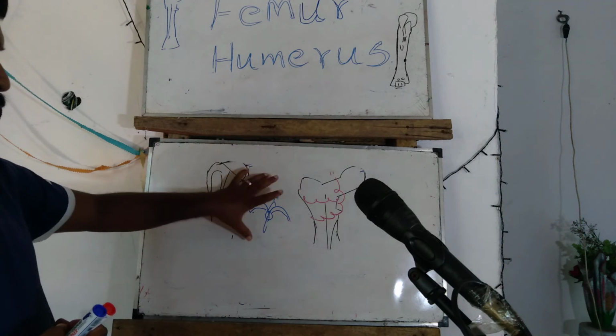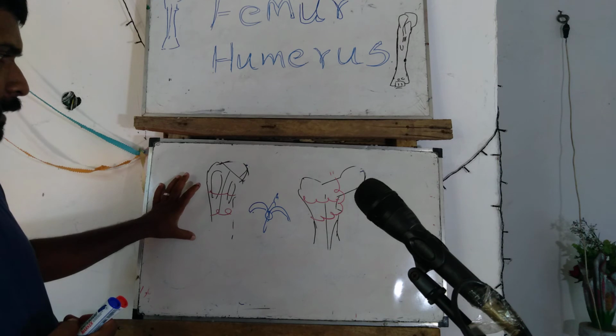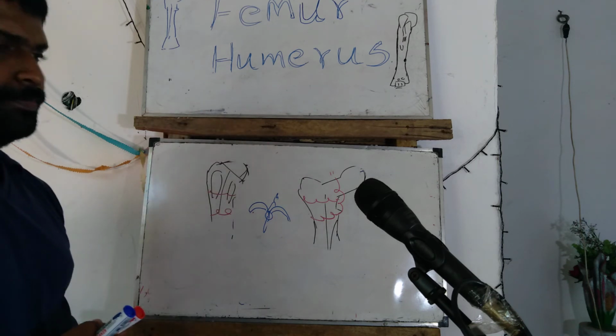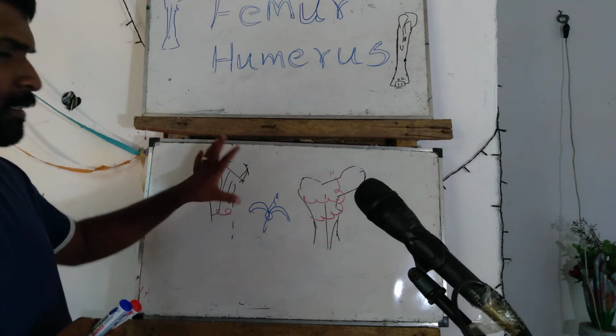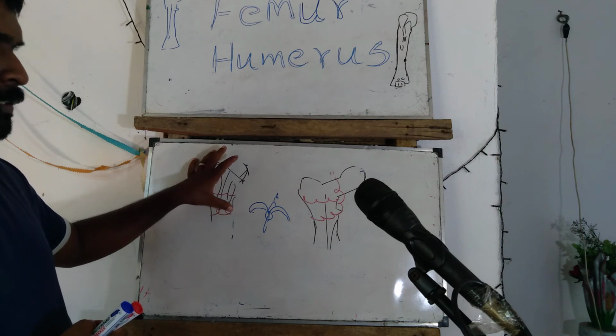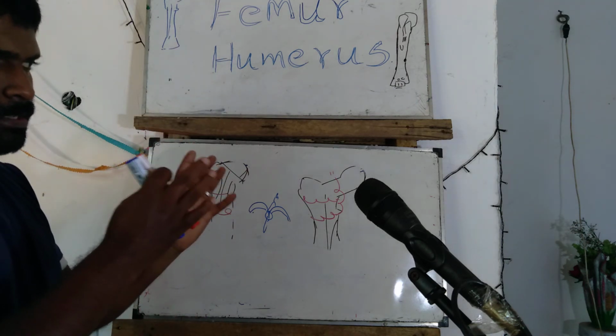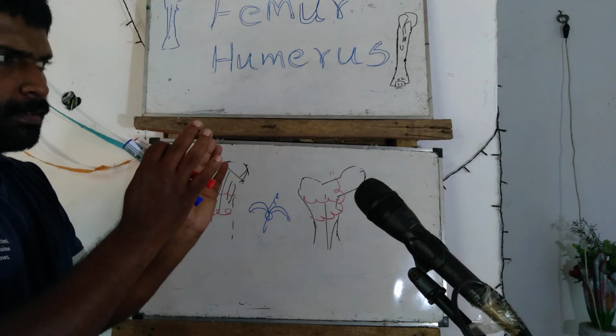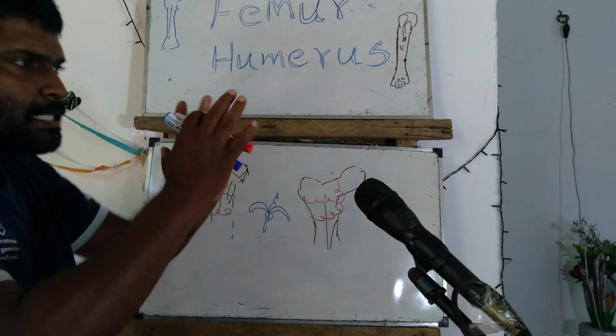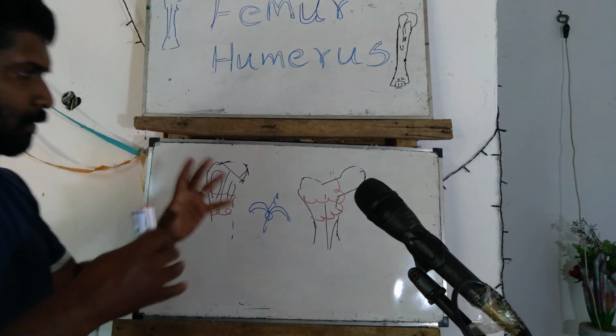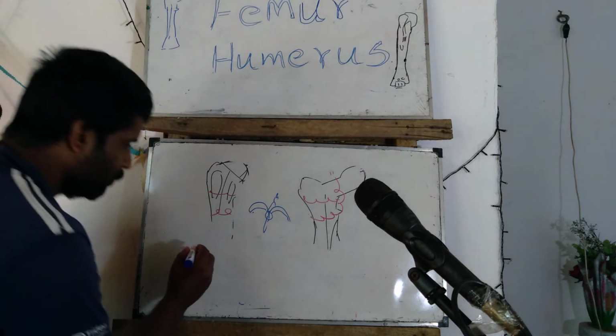Consider the humerus bone. It connects to the scapula. The scapula is also a flat bone, but we can see the scapula does not connect properly to another bone of the skeleton. That is the most important point.